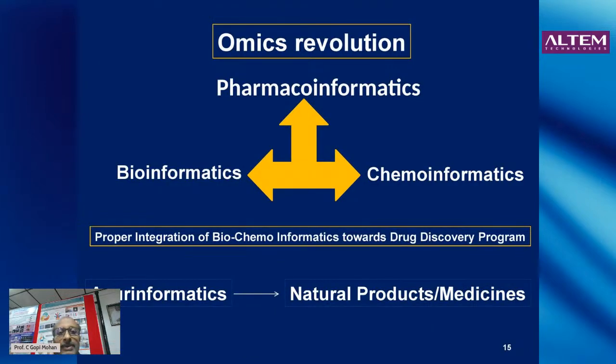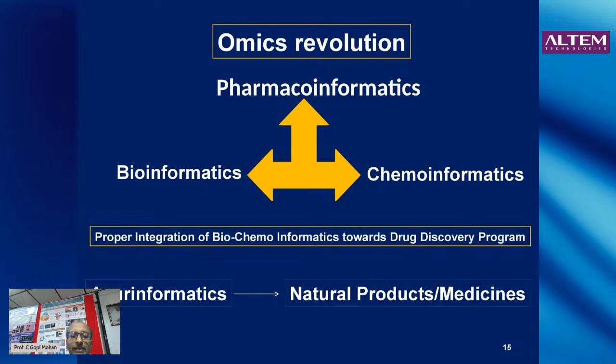So the omics revolution, as I mentioned earlier, has brought different terminologies which we have coined, like pharmacoinformatics. The term pharmacoinformatics was initially coined when I was at NIPER, the National Institute of Pharmaceutical Education and Research. This is nothing but an integration of bioinformatics and chemoinformatics. There is a specific department in all the NIPERs, and nowadays it has started in different universities also, where they build the role of the informatics revolution in the drug industries and drug discovery programs.